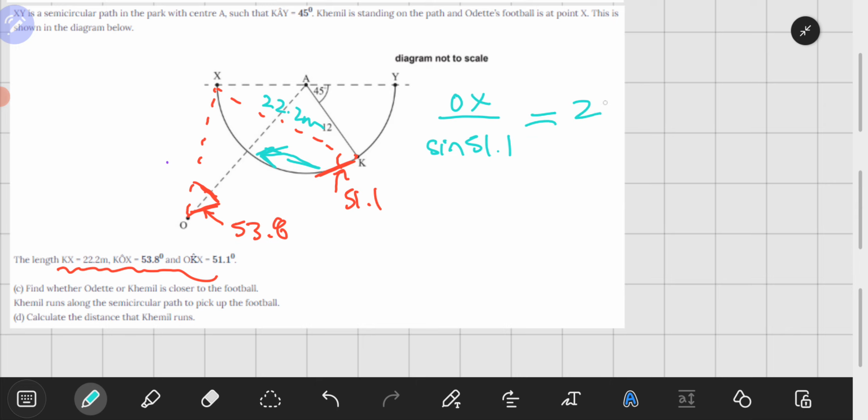We compare that with the 22.2 meter side and the sine of 53.8.